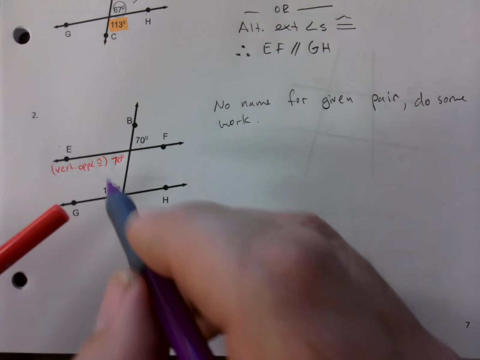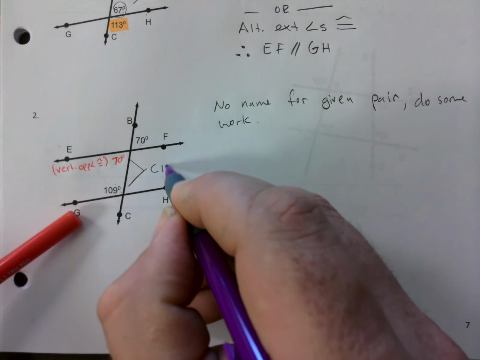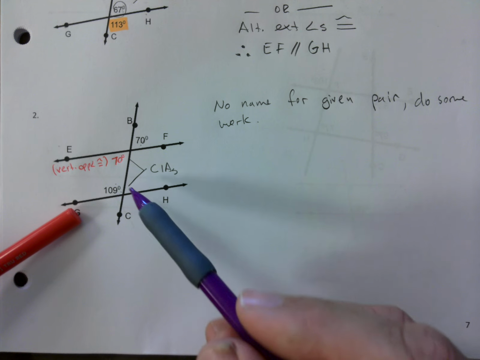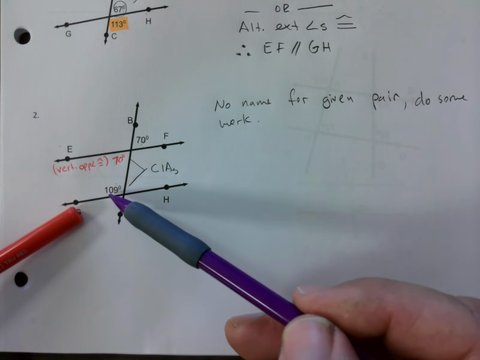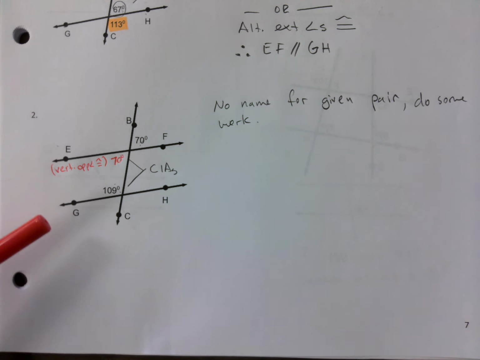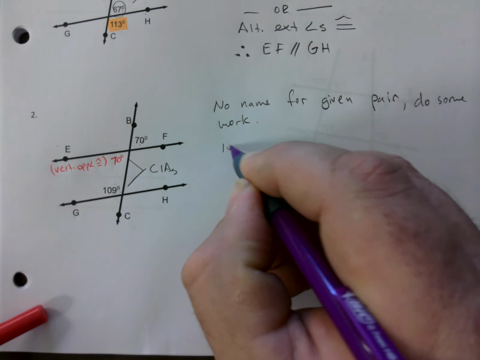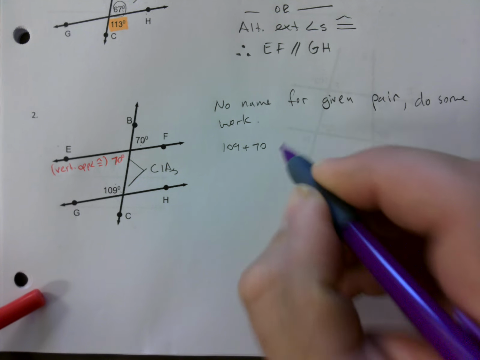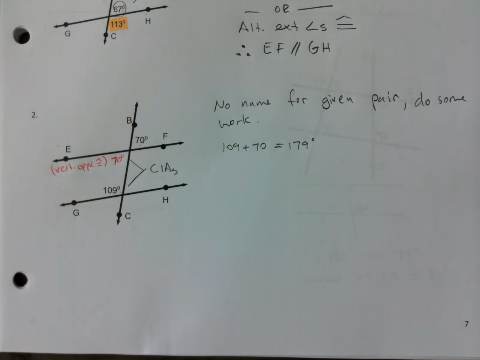And what do we know about these two? Those are CIAs, correct? Before we write anything down, do these add up to 180? No. So we know that EF is not parallel to GH. So I'll just make a statement like that: 109 plus 70 is equal to 179.